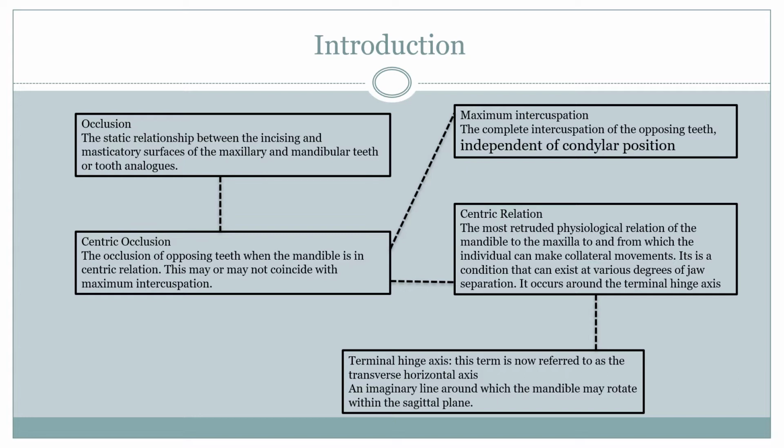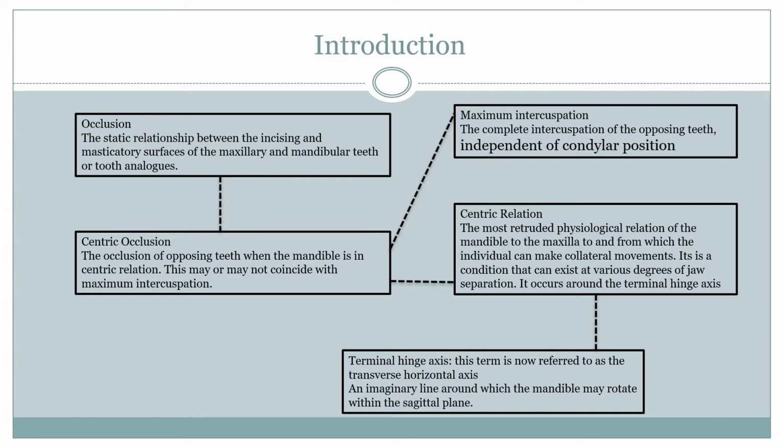The mandible is one complete bone which is articulating, functioning and gliding over the glenoid fossa, from which the individual can make all the collateral movements. When it is in the most comfortable position, the mandible is in the correct position, and it's a condition that can exist at various degrees of jaw separation, and it occurs around a terminal hinge axis.